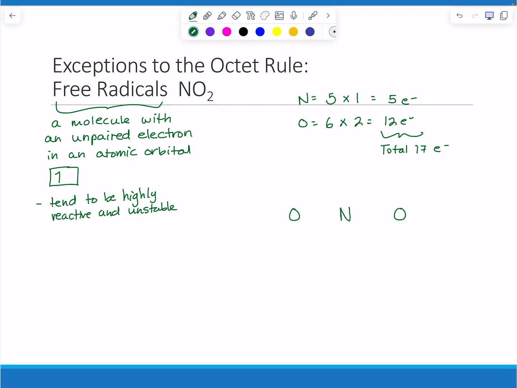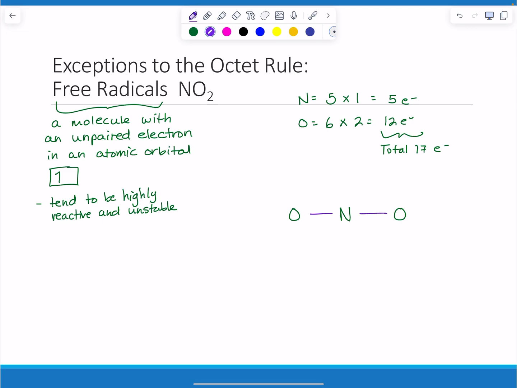So now when we start placing our electrons, okay, we're going to make a single bond to each, okay, and we're going to then place our additional electrons. So we've placed 4 electrons.